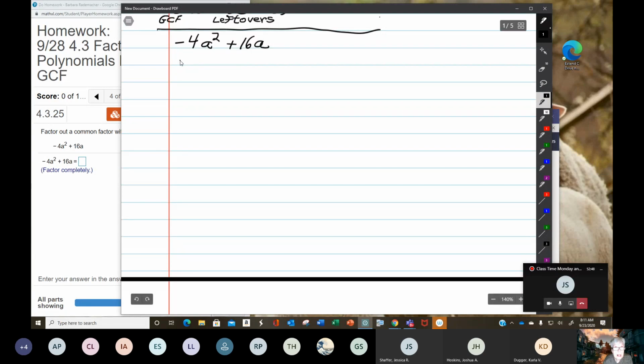So I'm going to write this down as negative 4 times a plus. Here is 16. Well, 16 is 4 times 4. It's a perfect square. It's probably my favorite perfect square. For some reason, I like 4 times 4.